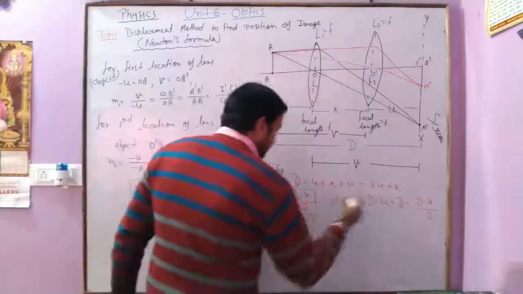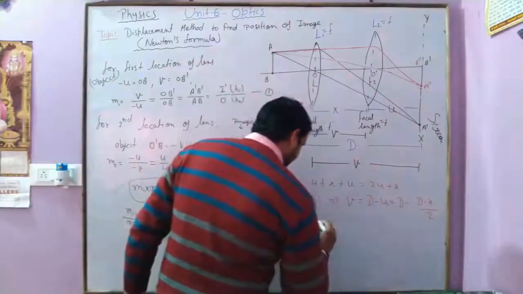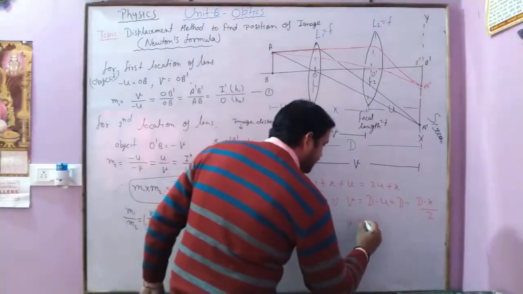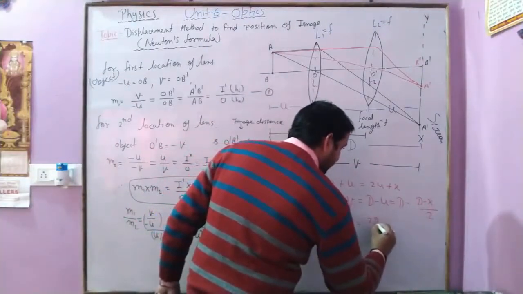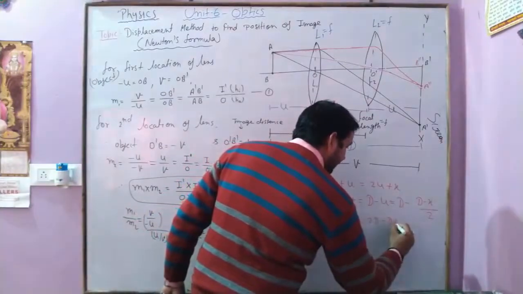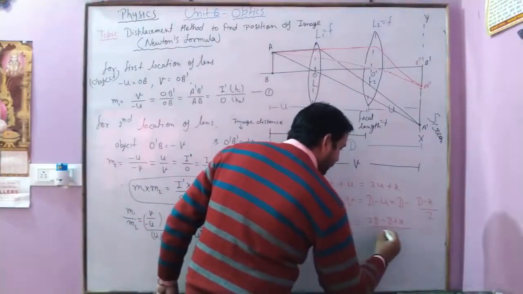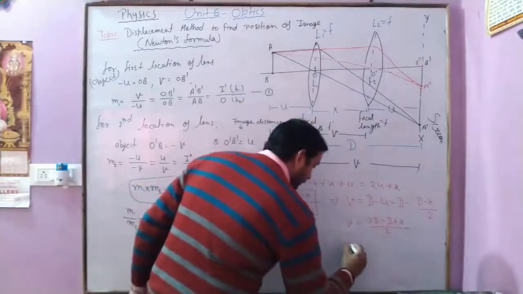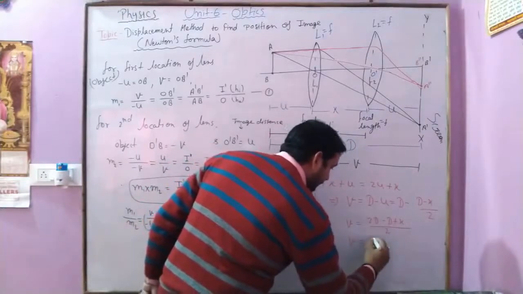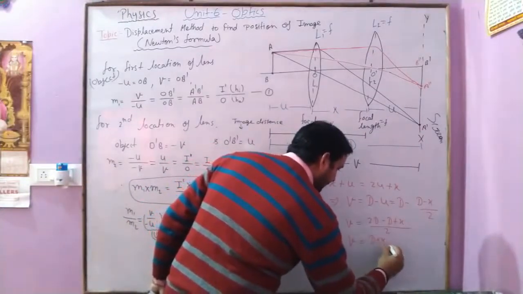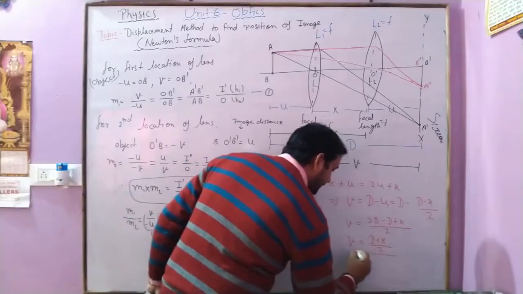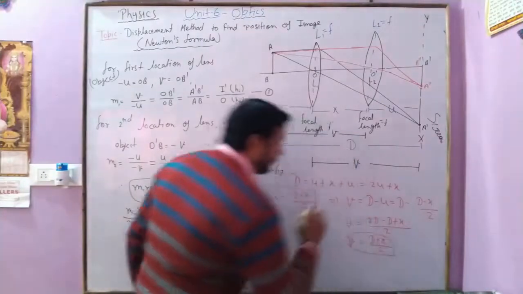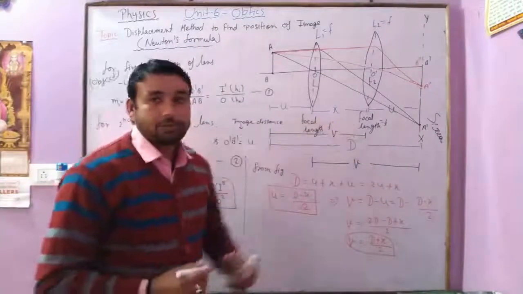On solving this, finally we get v is equal to (2d minus d plus x) upon 2, which is v is equal to d plus x upon 2. This is the value of v.